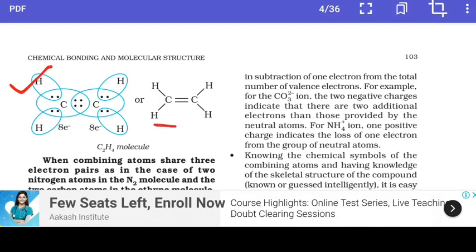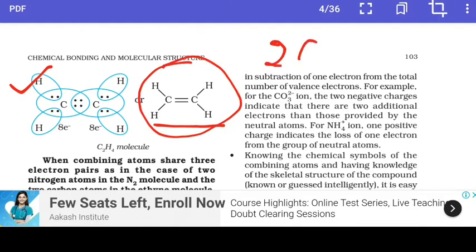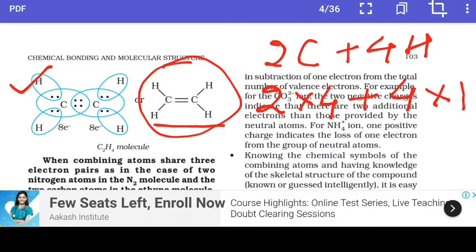So friends, this is C2H4. For this, first of all, you have to count the total number of electrons in this molecule. There are 2 carbons plus 4 hydrogens, so 2 into 4 electrons from each carbon, write 4 plus 4, and 1 electron from each hydrogen, write 1.